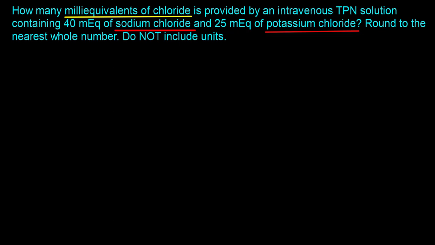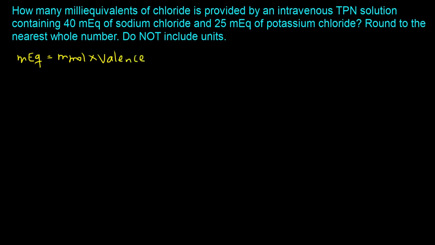And so what we want to do is to start off with the equation for milliequivalents. And the version of the equation we want to use is milliequivalents is equal to millimole times the valence. So let's start off by taking a look at how many milliequivalents of chloride is provided by the sodium chloride.